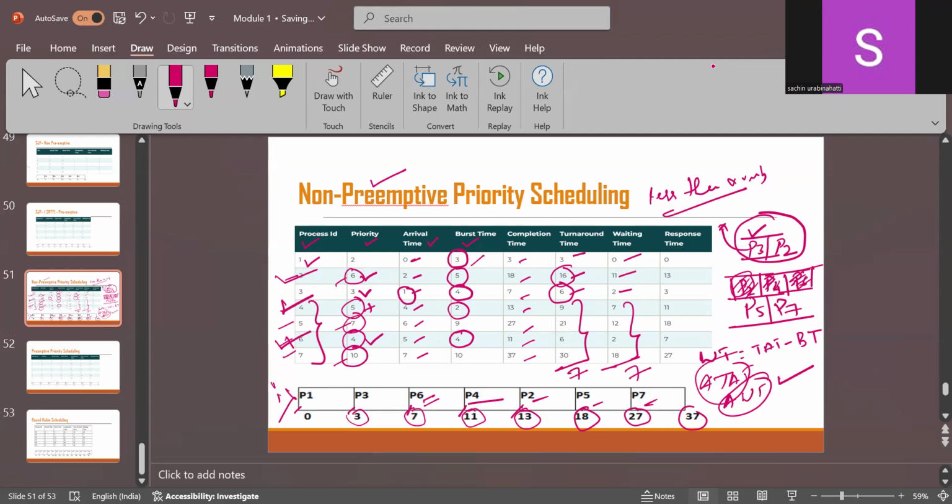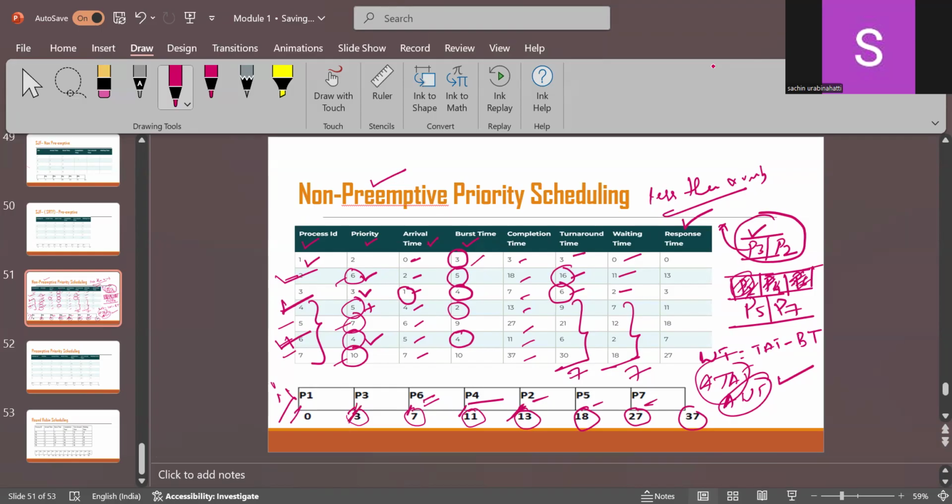Response time is very rarely asked in your exams, but response time is when the process starts its execution. So process P1, if you see the Gantt chart over here, started the execution at the 0th unit. Process P2 started the execution at 13 units of time. Process P3 started the execution at the 3rd unit of time.